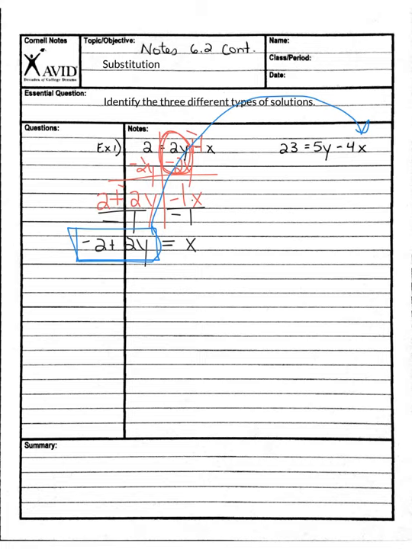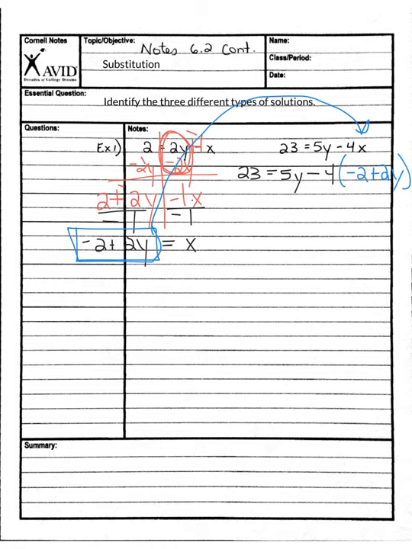We had to rewrite that so we got the letter x all by itself. So here we go. When we substitute here, we have 23 equals 5y minus 4, and then in parentheses, negative 2 plus 2y, close parentheses.